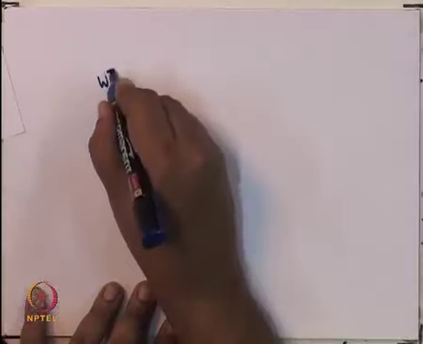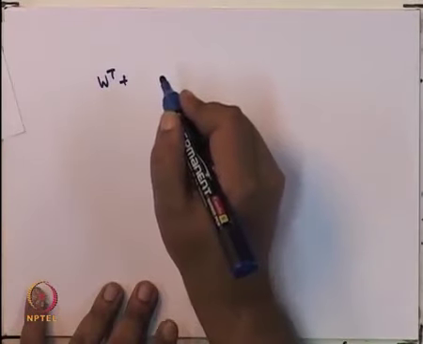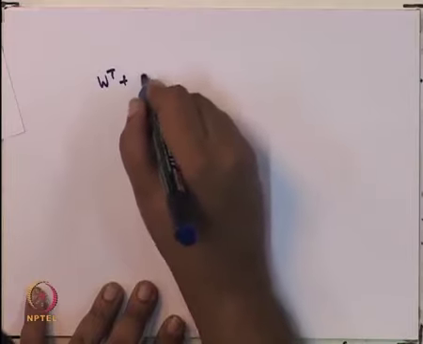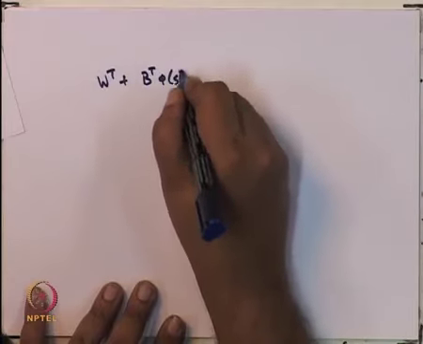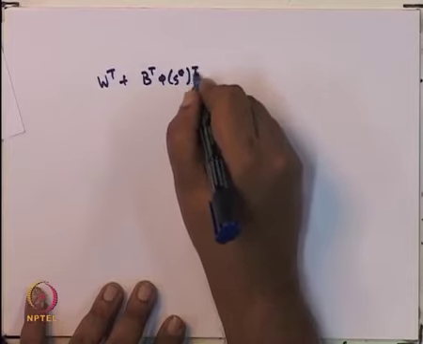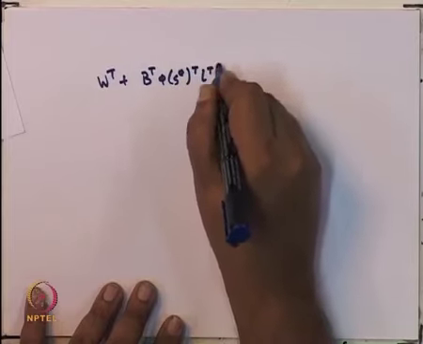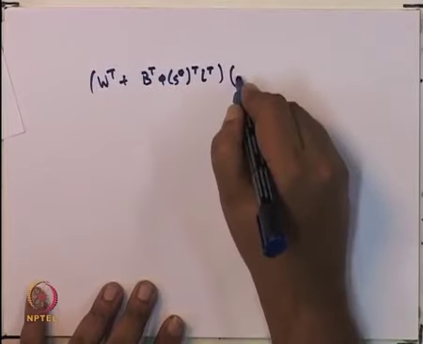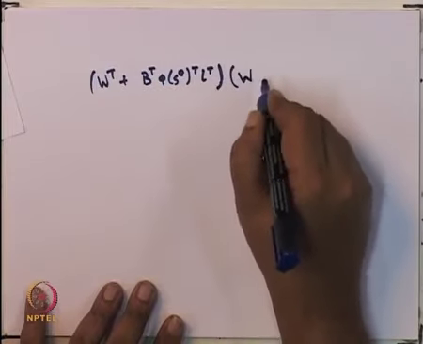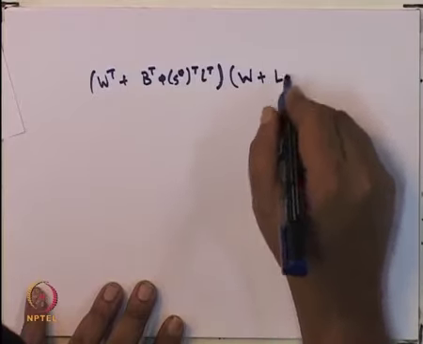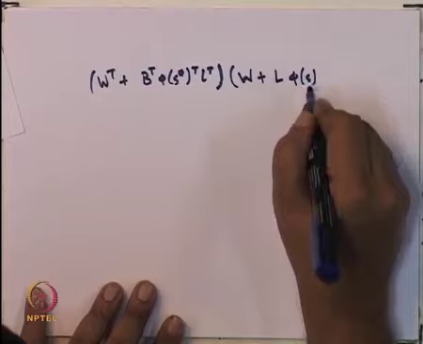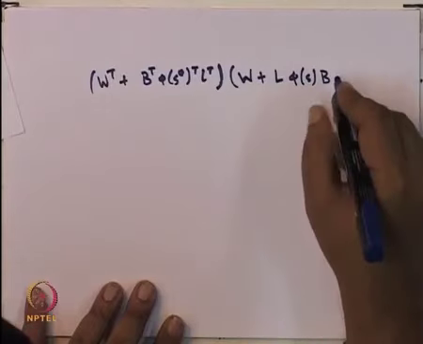As a sum of squares, what you get is W transpose plus B transpose phi S star transpose L transpose, multiplying W plus L phi S B.